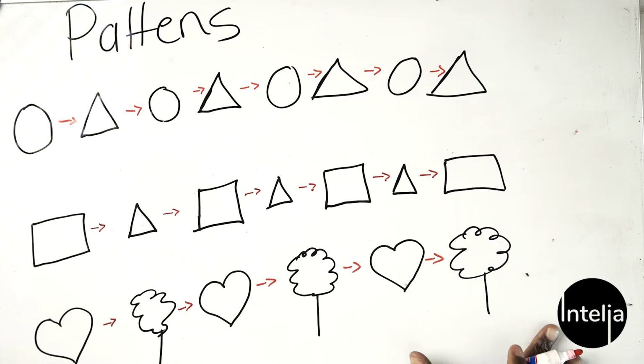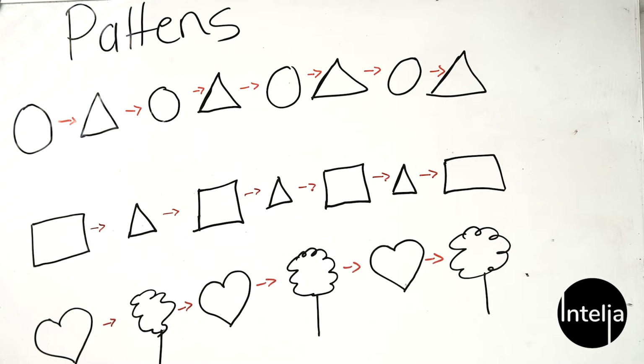So let me give you examples of pattern in numbers. Even in numbers, this is how your pattern goes. It's from 1, 2, 3, 4, 5, 6. That's a pattern. And when you're counting twos, remember we did the twos and the fives and the tens.